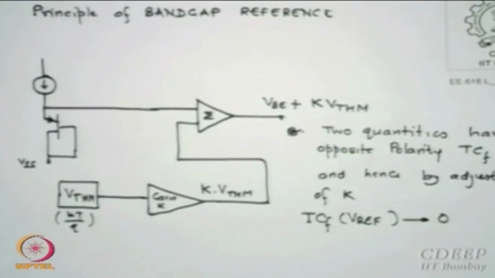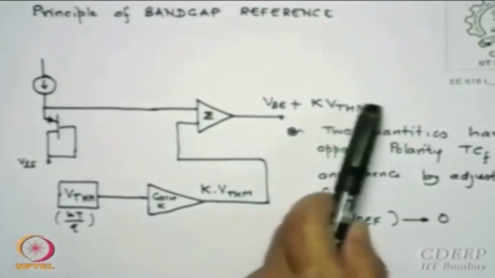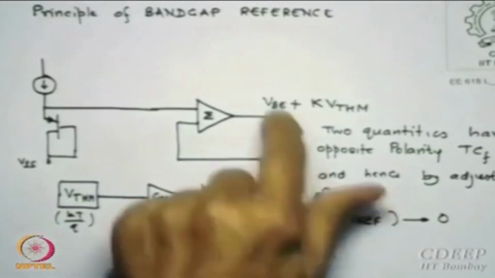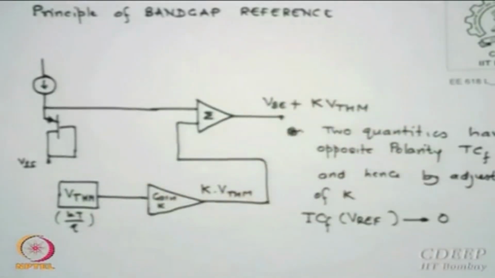Is that clear? This is the principle of band gap reference. Now the way it will happen, the two quantities have opposite polarity of TCF. I repeat, this and this have opposite polarity as their TCF values.